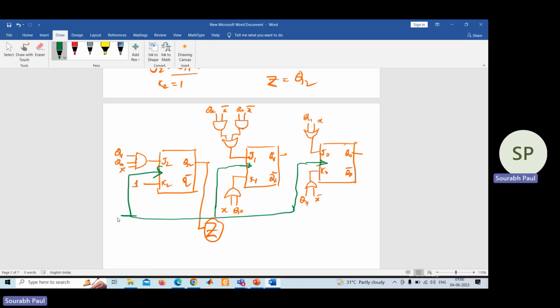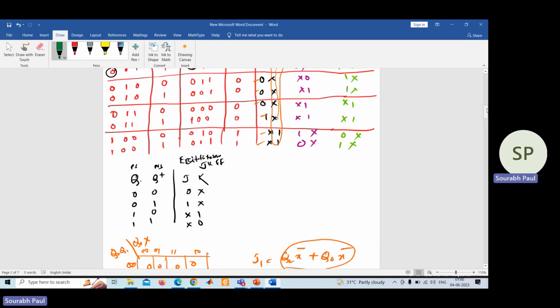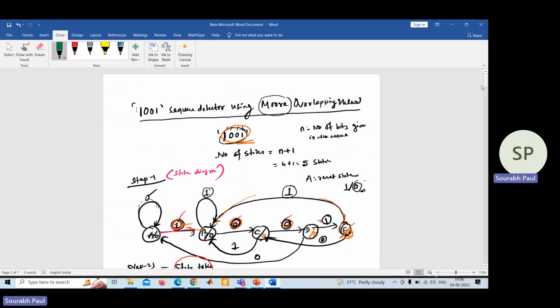So these are the steps you need to follow to make this 1001 sequence detector using the Moore overlapping method. And this is not only for 1001. If you use 1011 or 1100 or different combinations also, you can follow these steps to do this sequence detector. Okay, thank you.